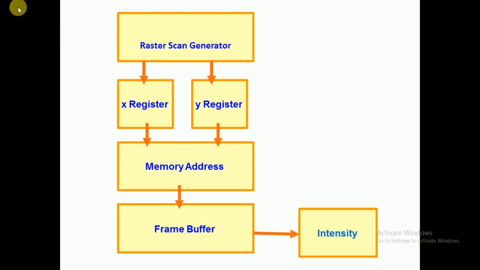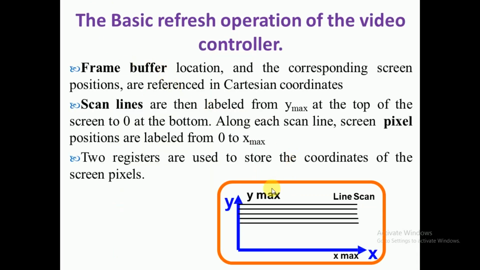Then next, if the raster scan generates the value for 0,1, then the 0,1 pixel will refer to memory location 1 in the frame buffer, like this, right? Then these x and y values will identify the intensity here. Again, intensity will be controlled by x and y values, right? This is how refresh works.